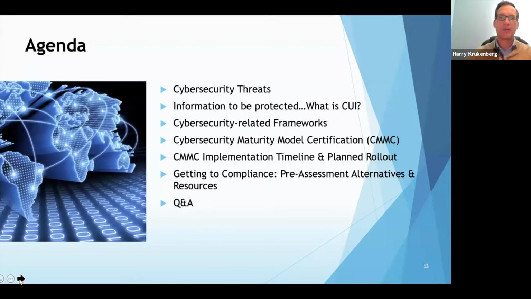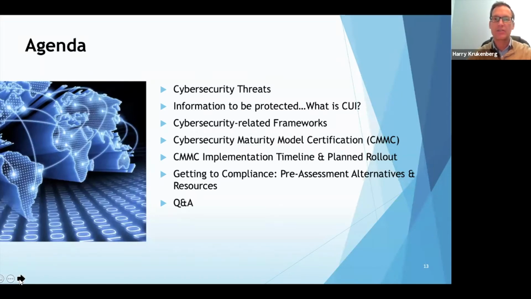So here's our agenda. We'll talk about specific cybersecurity threats just to make sure that we level set what we're talking about as to what exactly we're trying to protect against. And there are a variety of threats out there that can really create havoc in our organizations and in our systems. Then we'll talk about what needs to be protected.